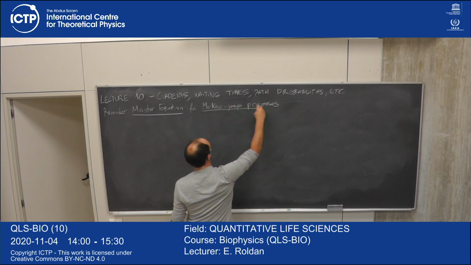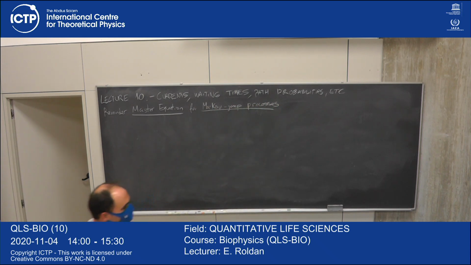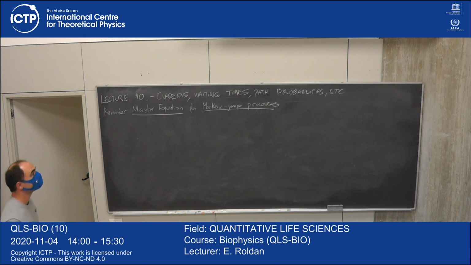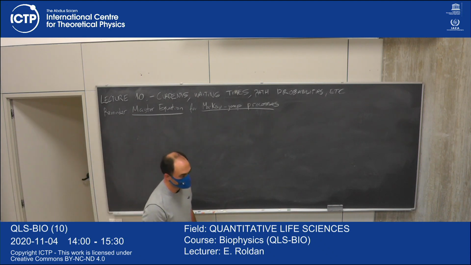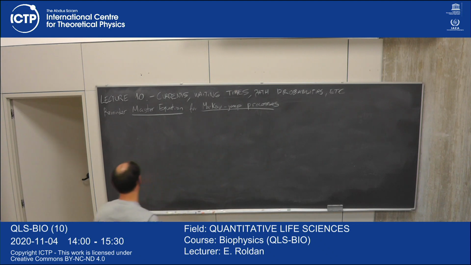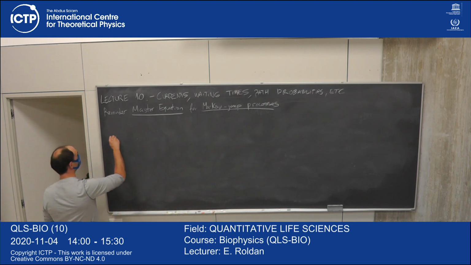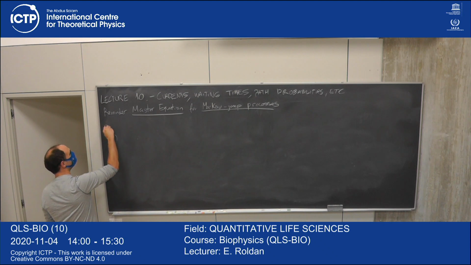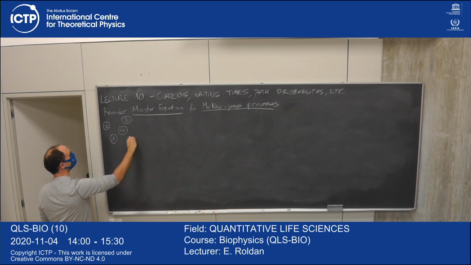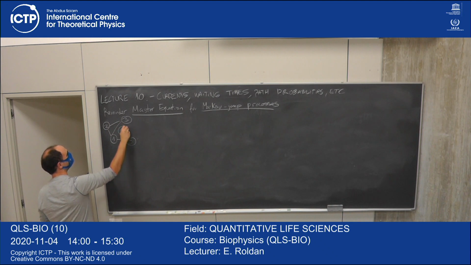Okay. Remember, Markov jump process is a process which is continuous in time and discrete space. So the typical model, it's your states 1, 2, 3, 4, 5, etc. And they are connected with rates with different topologies.